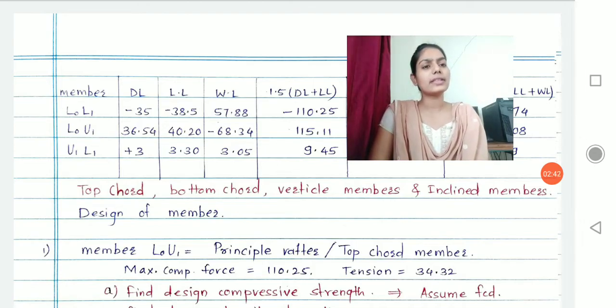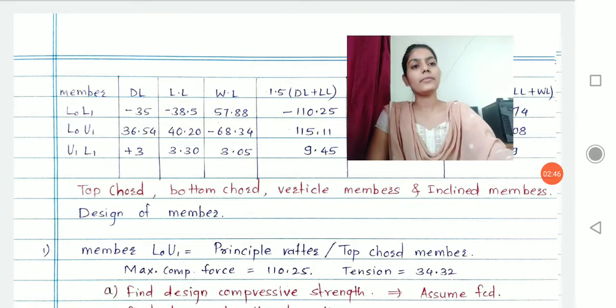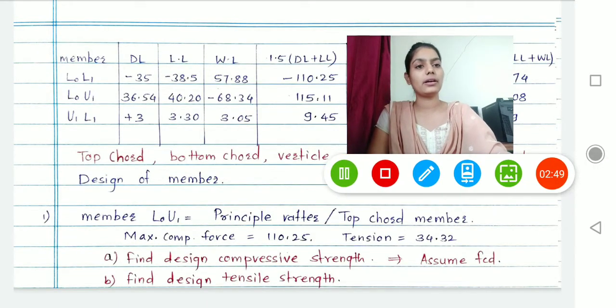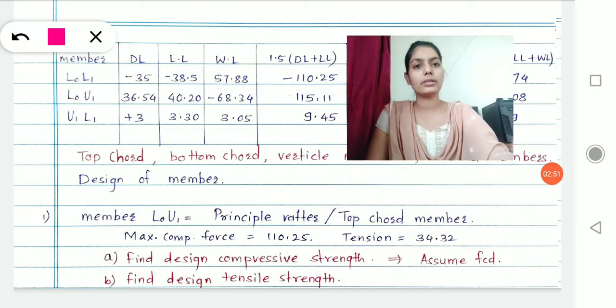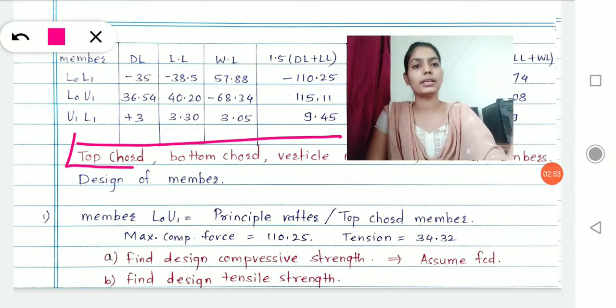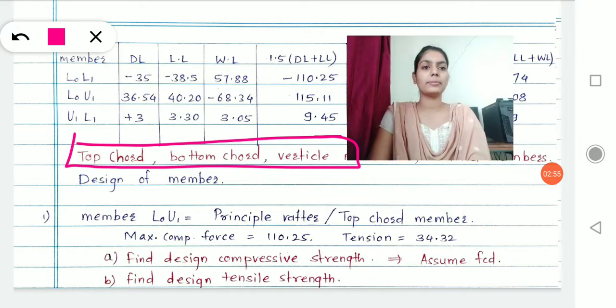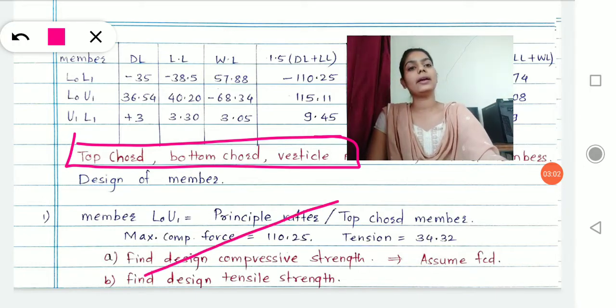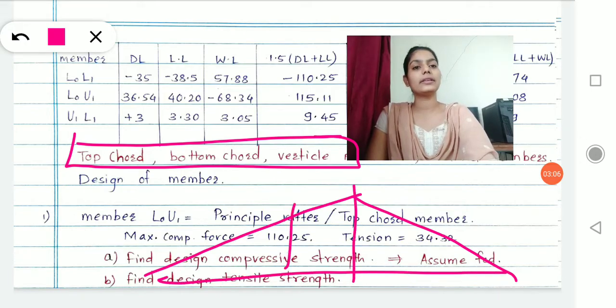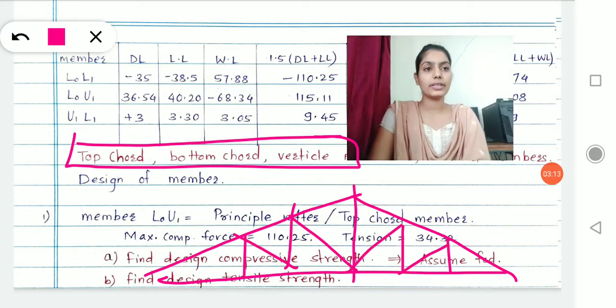So why are we designing members in that fashion? See here in the background you must have seen there is a table where I have written the top chord members, bottom chord members and vertical members, inclined members. But why are we designing them so? See, we have a truss like this, and in this truss you have a variety of members connected with each other.